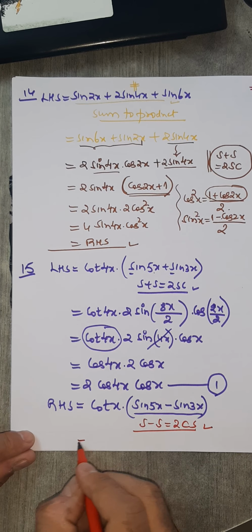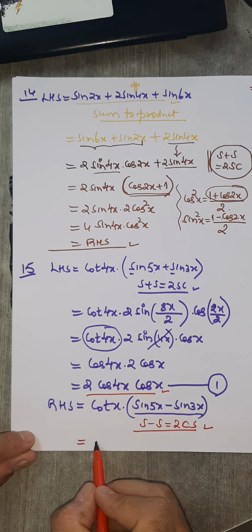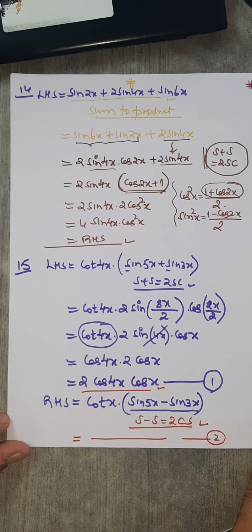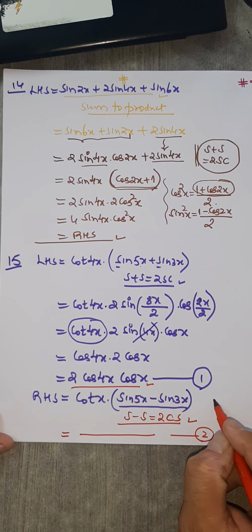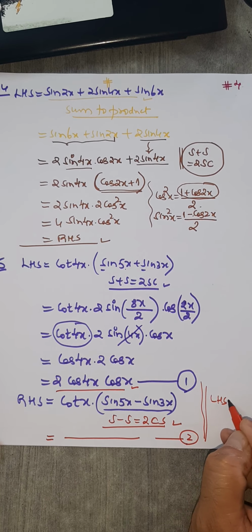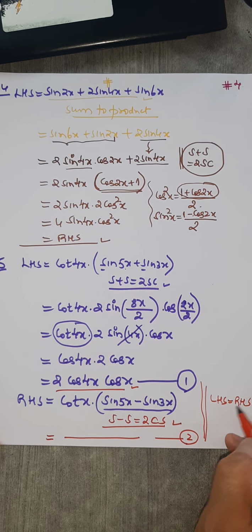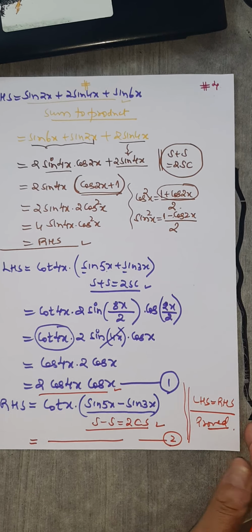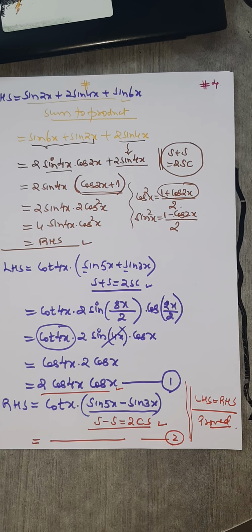Use this. You will notice that you will get exactly this. Call this as 2 here. And you write from 1 and 2, LHS equals RHS, and therefore proved. Right? This is what you need to do.